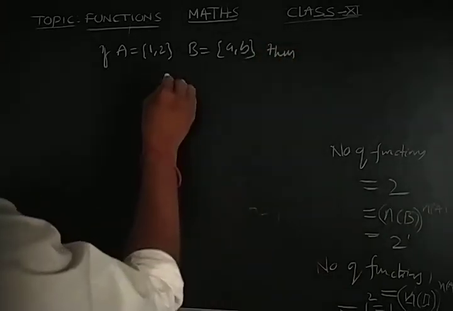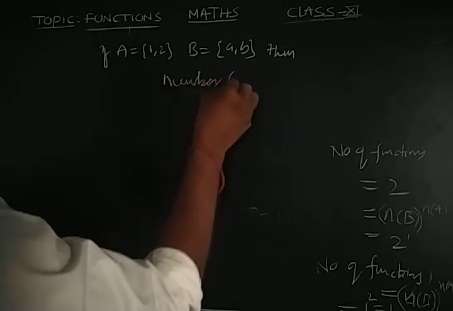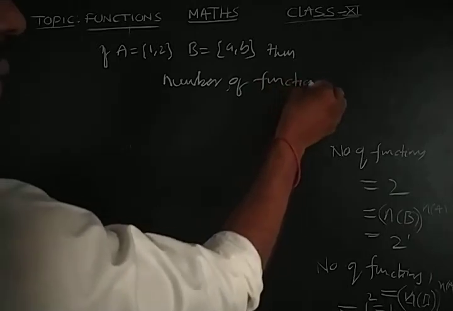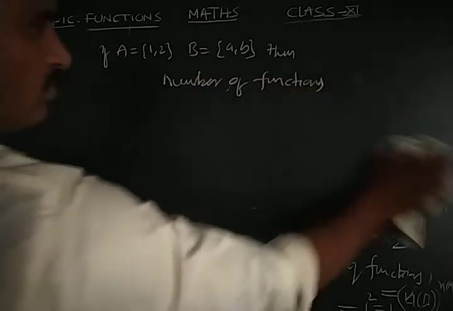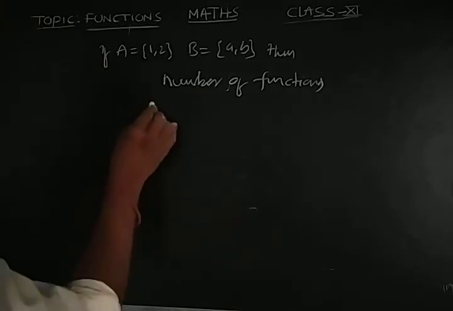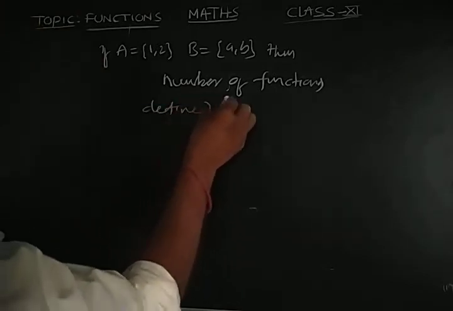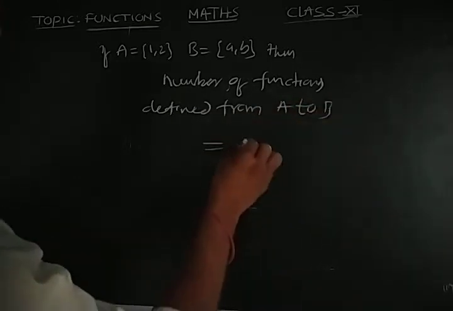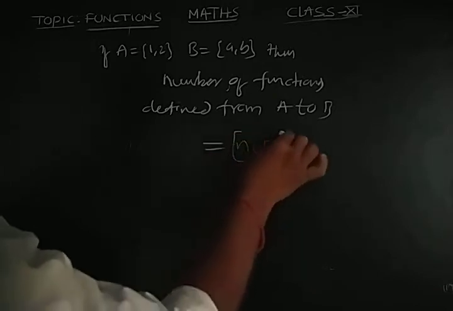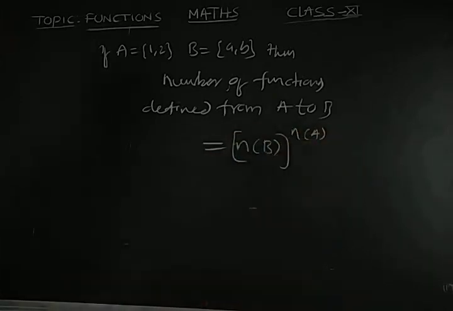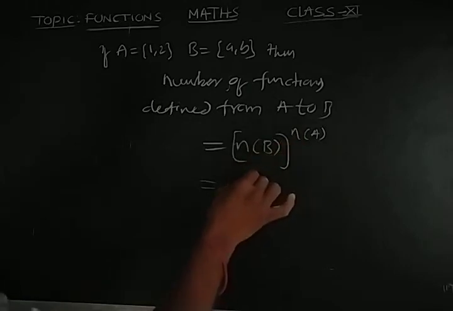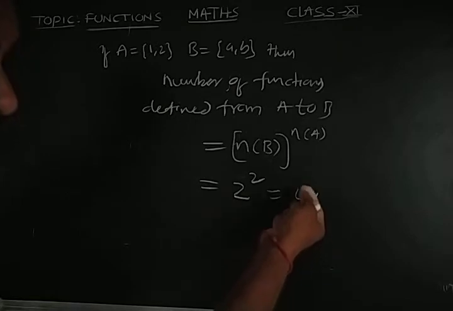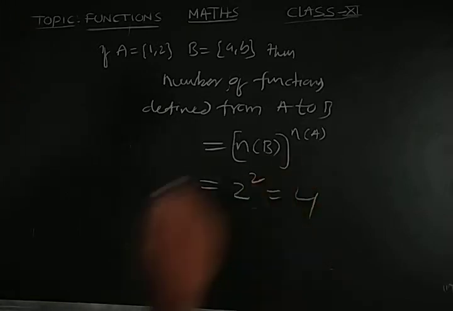The number of functions defined from A to B is equal to, what is the formula? Number of elements in B to the power of number of elements in A. Number of elements in B is 2, number of elements in A is 2. So that equals 4 functions. 4 relations are possible which are functions.